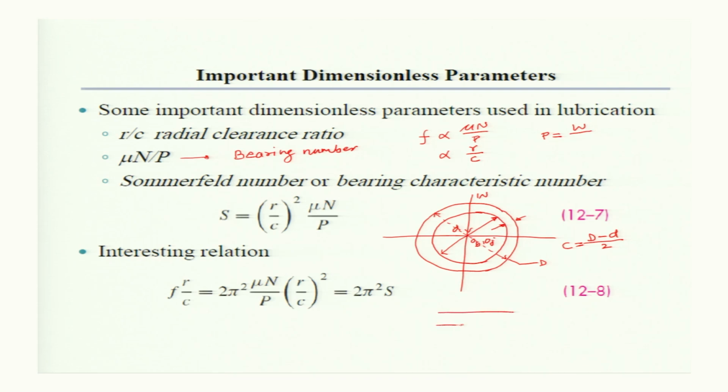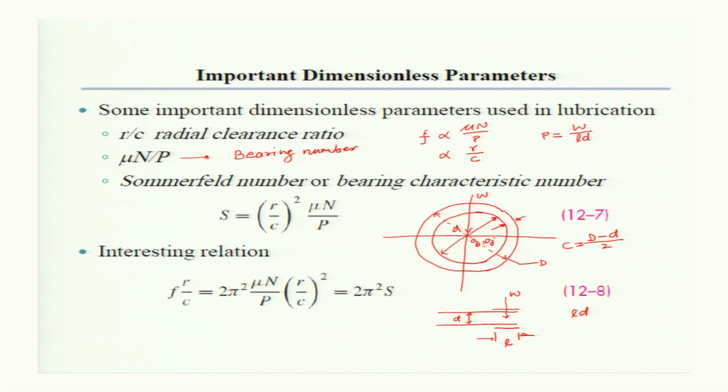So, you may see that this is your journal and the bearing has length L. The diameter of the shaft is D, and the radial load acting on the journal is W. So, the projected area supporting it is equal to L multiplied by D. So, W divided by the projected area supporting it is given by the unit load, capital P. So, this mu n by P is a dimensionless parameter.